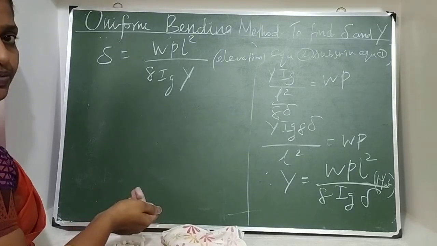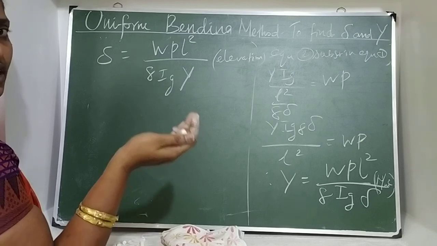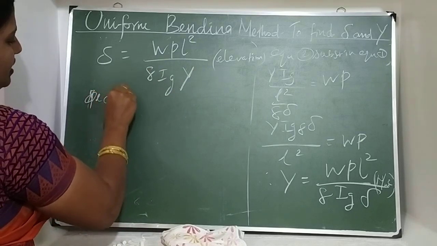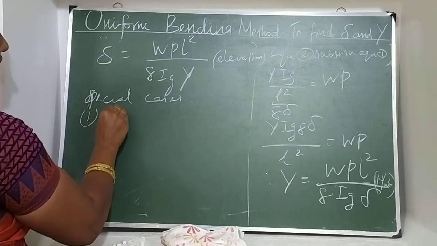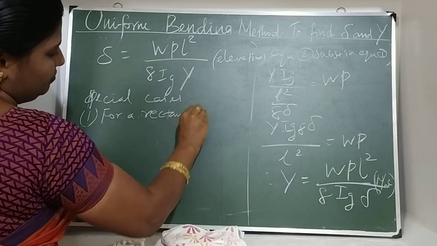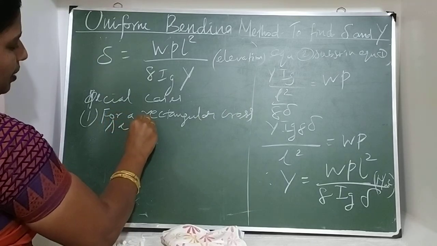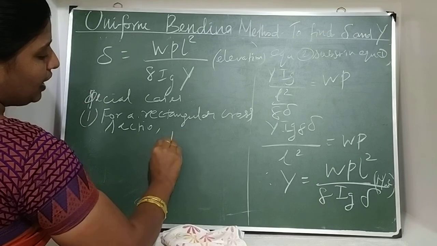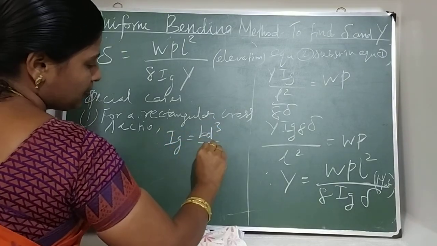Already I informed you about bending of beams and the non-uniform bending method. Two special cases are applied. First, for a rectangular cross section, your beam or scale can be taken as a rectangular cross-sectional area where the geometric moment of inertia Ig equals BD cube divided by 12.